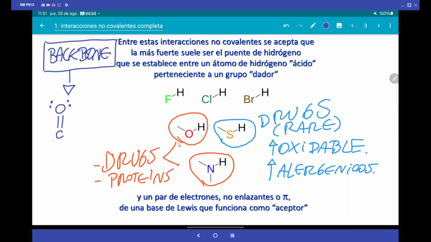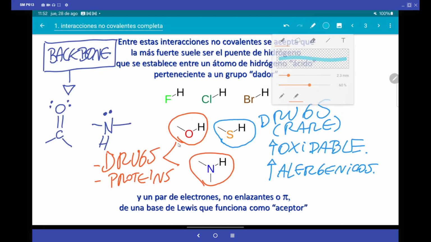What else could it be? The nitrogen, but it is worse, okay. Then the nitrogen of the amide group could also be, and it has been seen that there are interactions, but of worse quality.